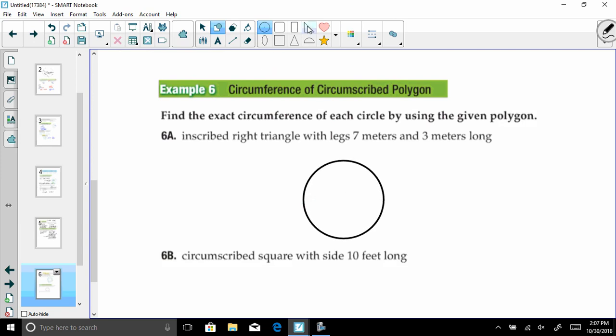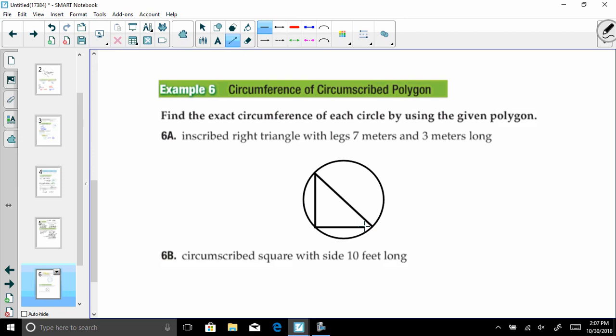It's telling me it's got an inscribed right triangle, so let's make a right triangle. What is unique about right triangles? If you inscribe a right triangle in a circle, the hypotenuse is a diameter of the circle.